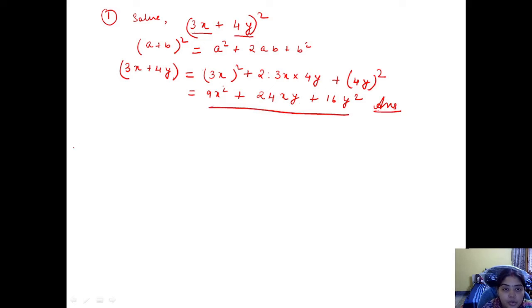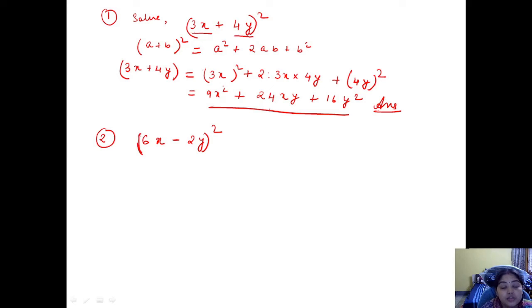Similarly, another problem I will be solving. For example, suppose I will take (6x minus 2y) whole square. Okay. So here, which formula will we be using?